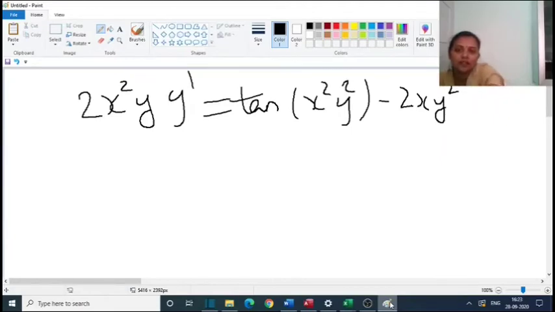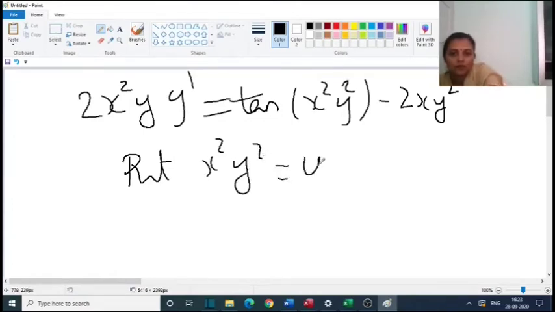Let us put x square y square is equal to u. Then differentiate with respect to x.